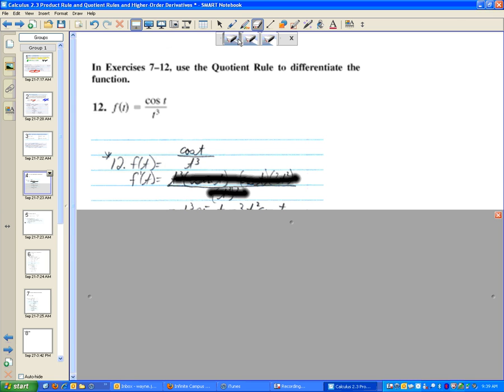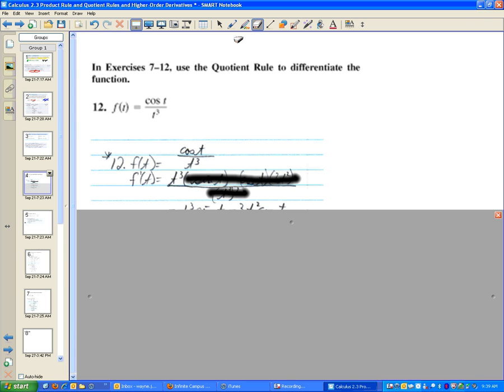All right, we're going to use the quotient rule. So if f of t equals the cosine of t over t cubed, that is a quotient made up of two differentiable functions. Okay? So f prime of t will equal the bottom, t cubed, minus the derivative of the top.